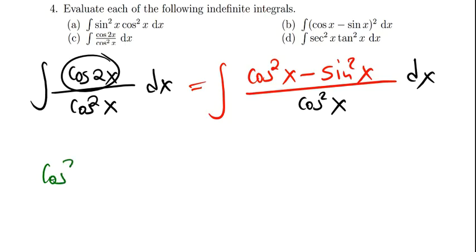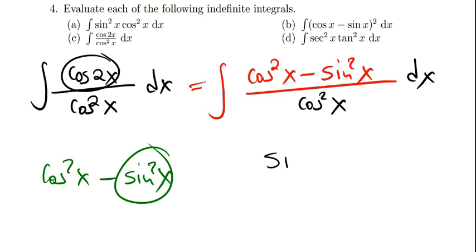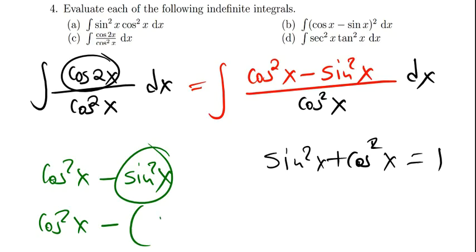Cosine squared of x minus sine squared of x. You know this is an identity, right? That same common identity, sine squared of x plus cosine squared of x equals 1, can be manipulated to get what we want. If we make sine squared of x the subject, it becomes 1 minus cosine squared of x.